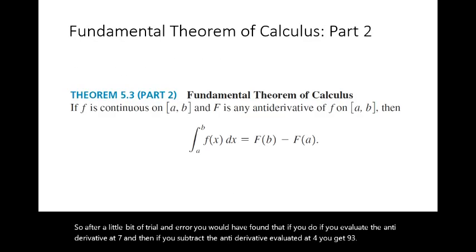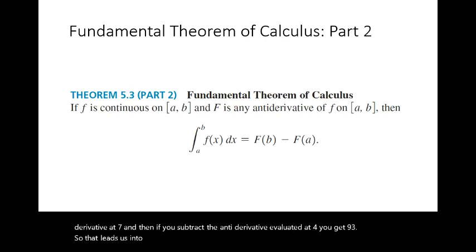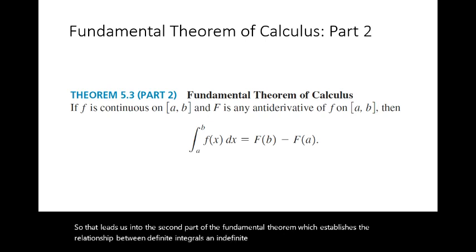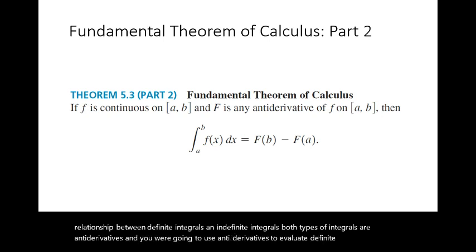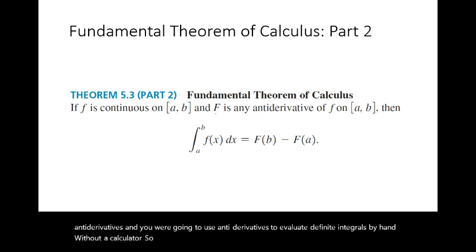That leads us into the second part of the fundamental theorem, which establishes the relationship between definite integrals and indefinite integrals. Both types of integrals are antiderivatives, and you are going to use antiderivatives to evaluate definite integrals by hand without a calculator. Capital F is going to be the antiderivative of the function lowercase f.